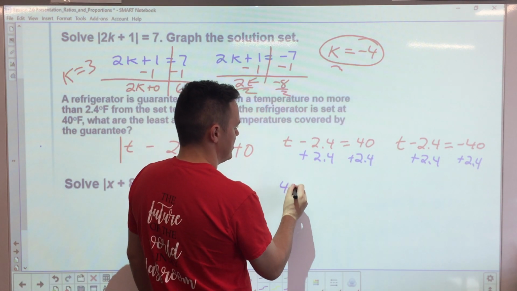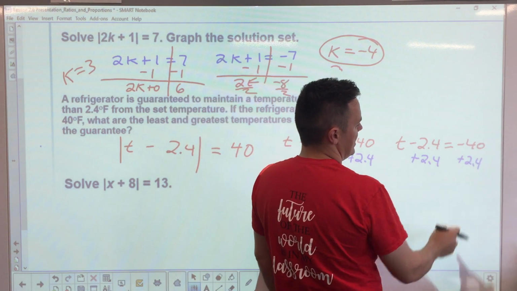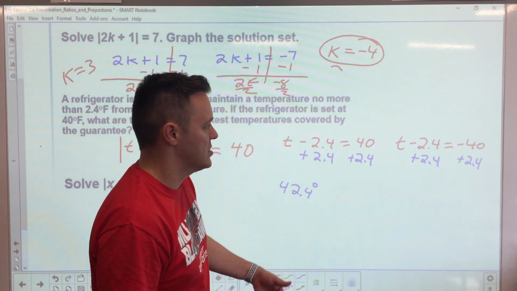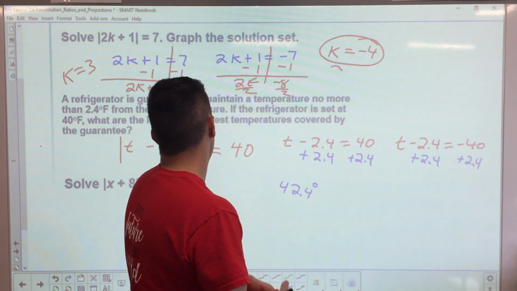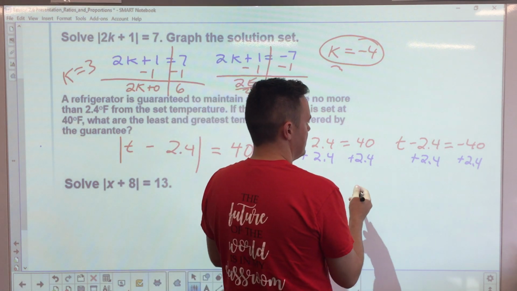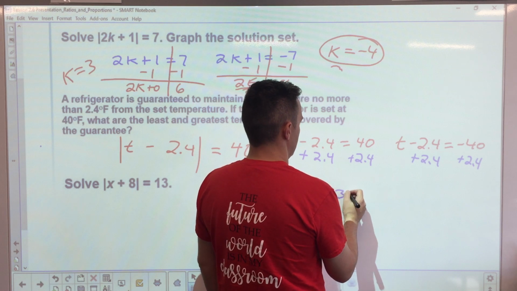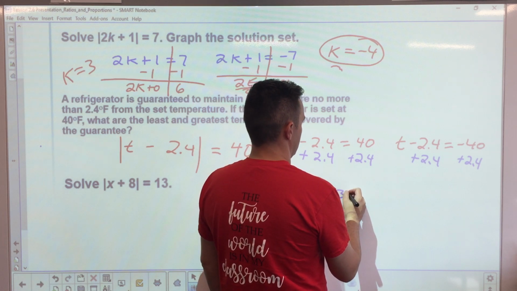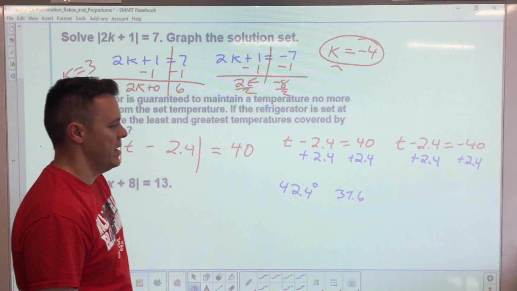The highest variance is going to be 42.4 degrees, and the lowest your temperature is going to get would be, remember, it's going to be an absolute value, but when you stick this in there, it's going to be 38. I'm just thinking, it would be 37.6. Sorry, I was trying to do that math in my head.